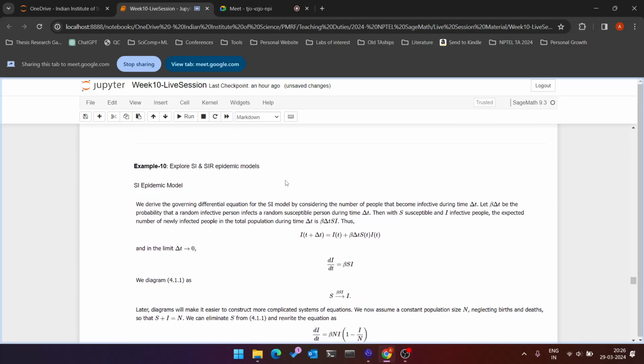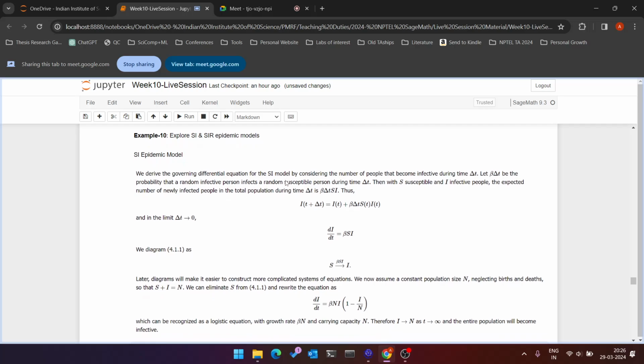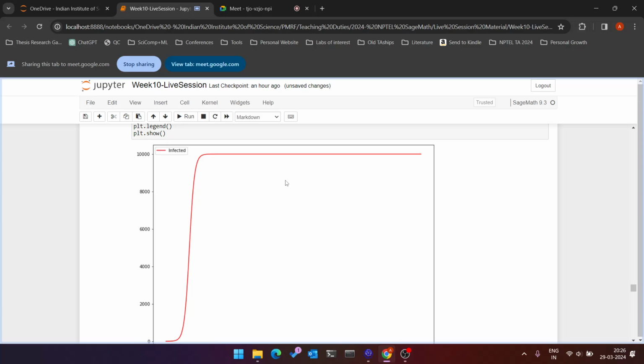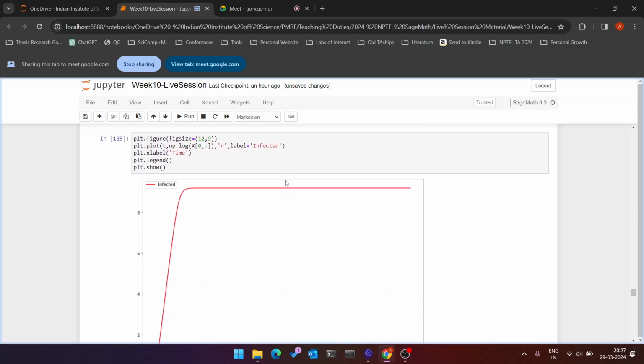So in the SI epidemic model, one thing to note is that everyone becomes infected provided sufficient time. You can see right away that this is not in line with what we see with our eyes, where people do recover and so on.